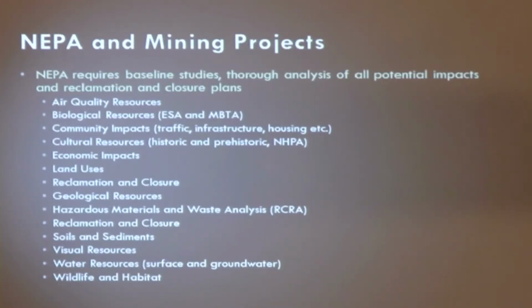So, air quality resources: dispersion modeling for fugitive dust, impact of engines, just a whole myriad of things. Biological resources. Somebody earlier mentioned the Endangered Species Act, that's one, but also there's a number of sensitive species that are protected for various reasons, and there's all kinds of habitat out there on the national forest that is very critical to supporting the wildlife population.